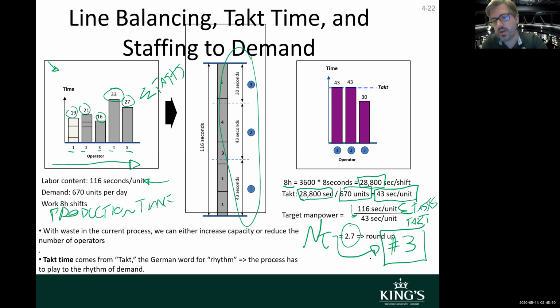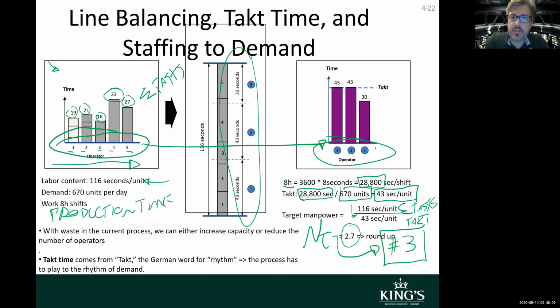That is your target number of work centers in your process. So instead of having 5 work centers, that is no good. You're going to migrate towards a process that has 3 work centers. They are going to be working, all of them, at or below the takt time.